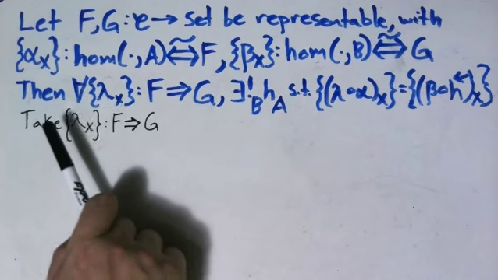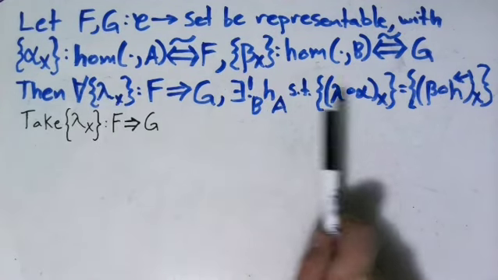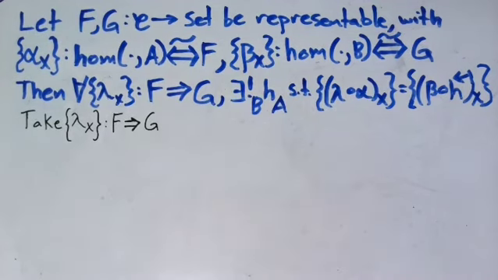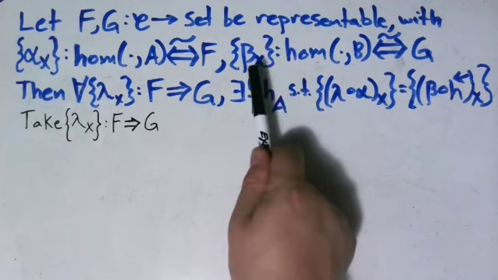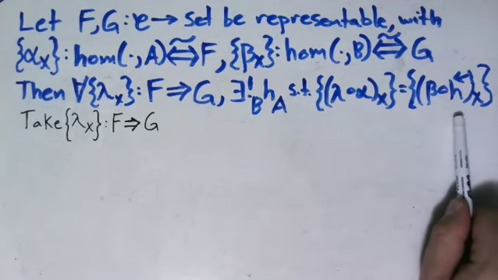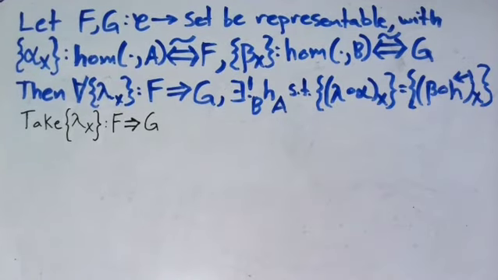So alpha goes from home blank A into F, lambda goes from F into G. So this composition is going to go from home blank A into G. We can replace that by simply the other natural isomorphism composed with follow by H for some unique H from A to B in the category C.